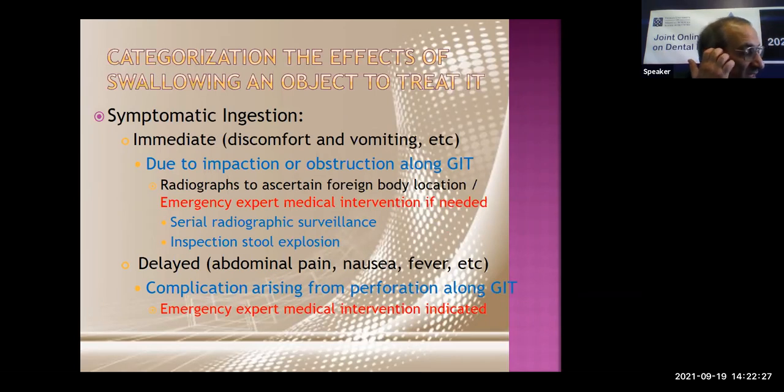If it is symptomatic foreign body ingestion, we categorize it by the time of showing the signs and symptoms. If it is immediate, like discomfort and vomiting, we must use a radiograph to ascertain the foreign body location, and sometimes emergency expert medical intervention is needed if it is sharp, cutting, or large.